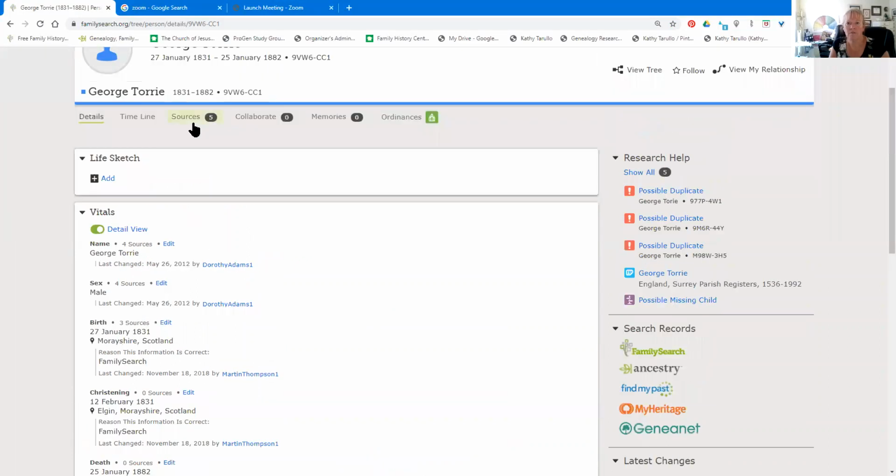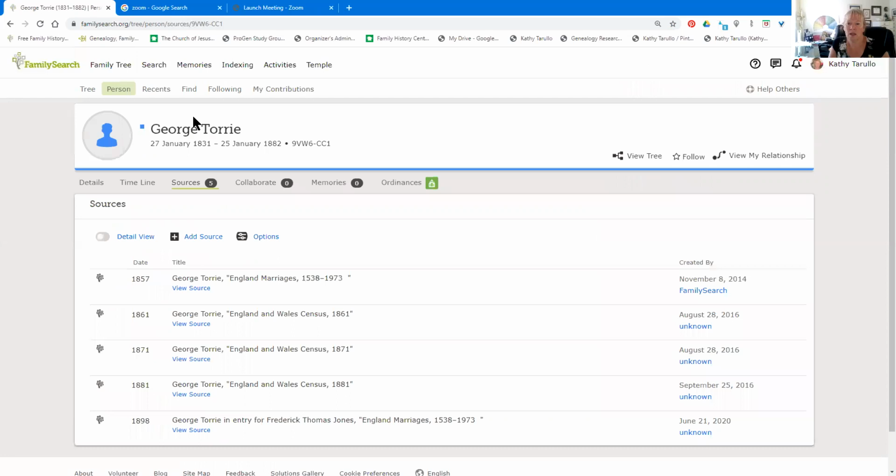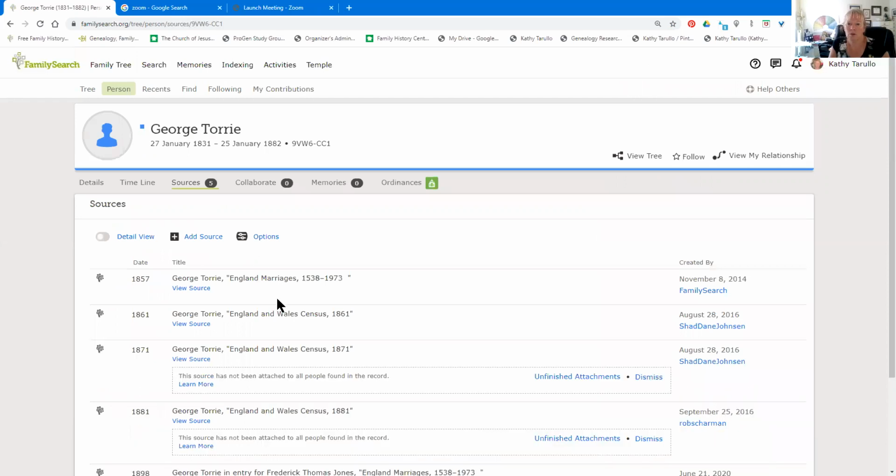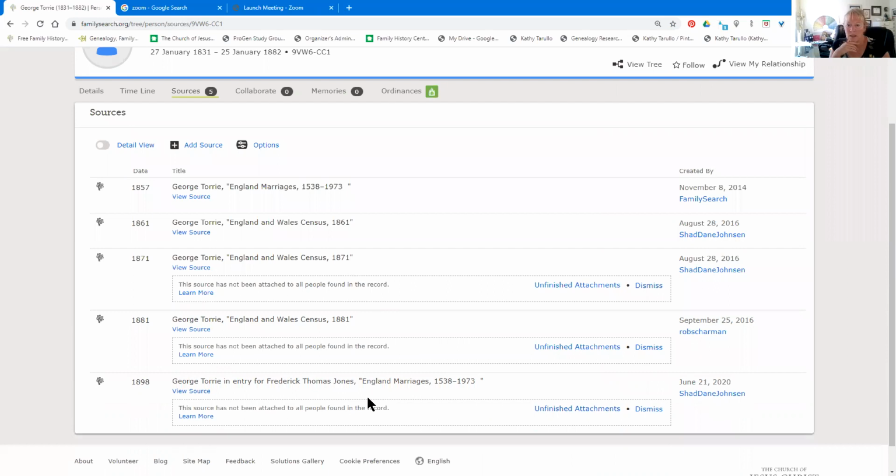I see that there are 5 sources. I'm going to click on these sources and look at them. So there is a marriage record, there's a census record for 61 and 71 and 81, and another entry for a marriage record.